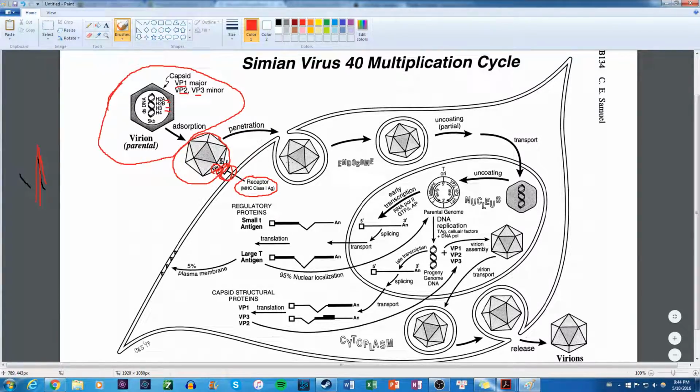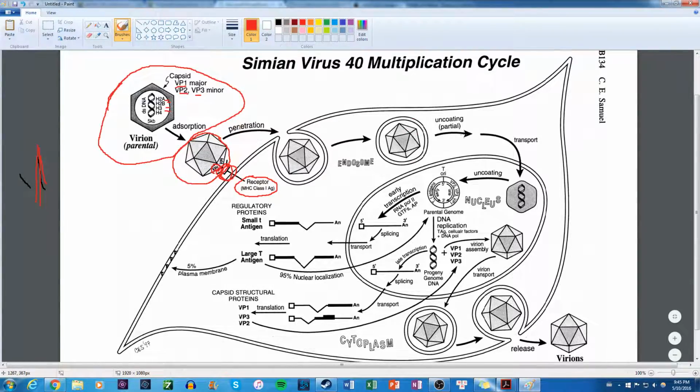Caveolin is basically some proteins on this vesicle formation right here. So the virus interacts with the caveolin, and then it's absorbed into the host cell.